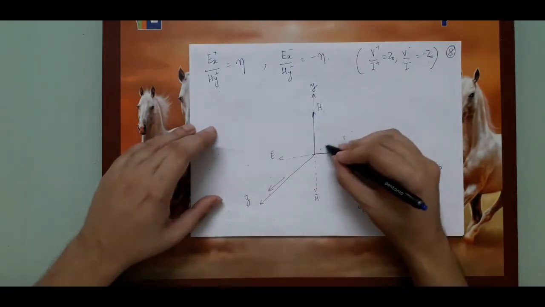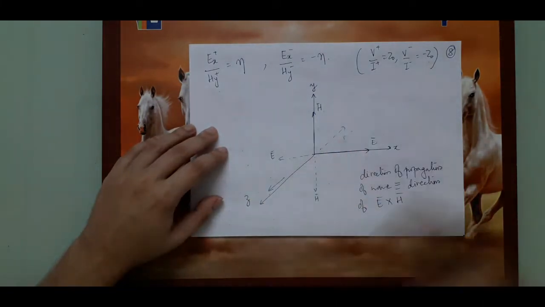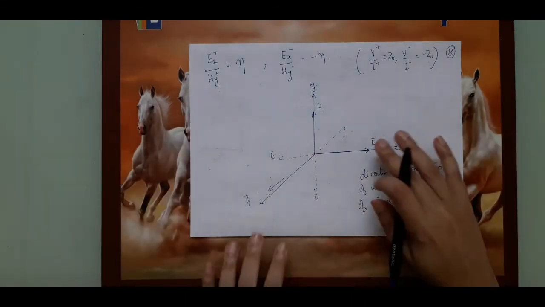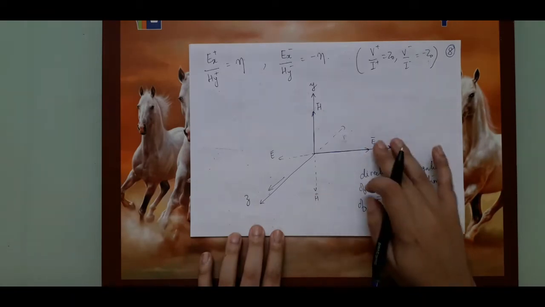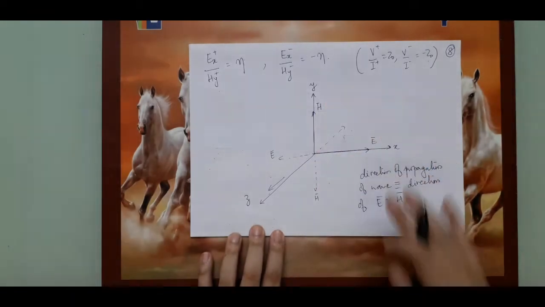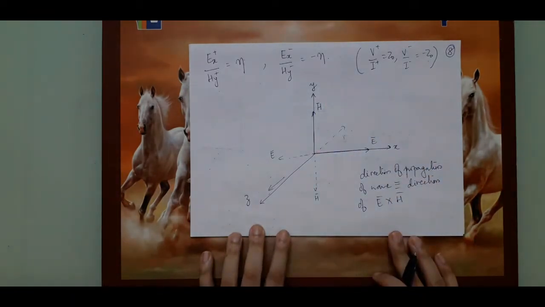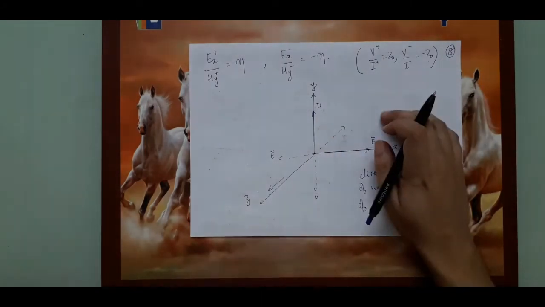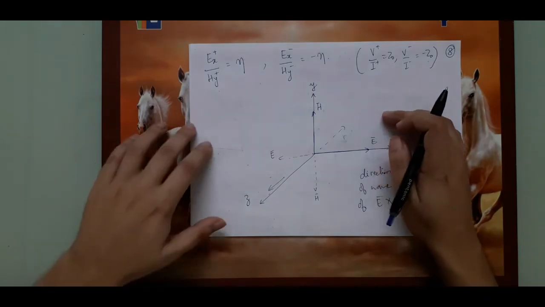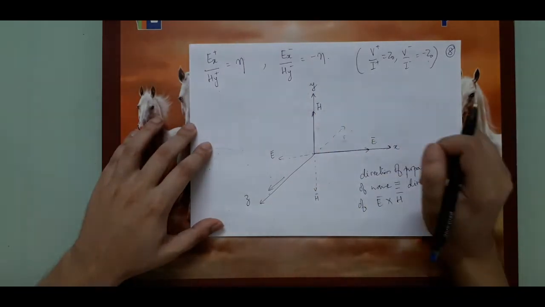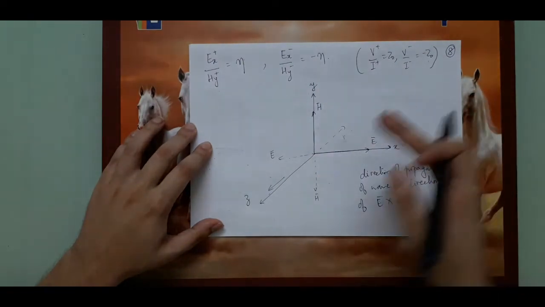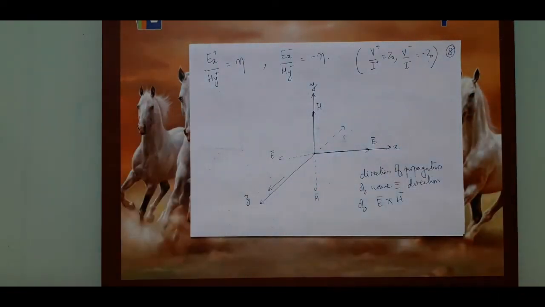So in that case, the wave will travel inside the paper, in the opposite direction. So what we can see is that using one result that we already know, we can apply the directions to predict which way the wave will propagate.